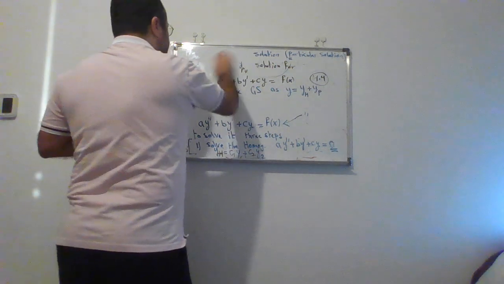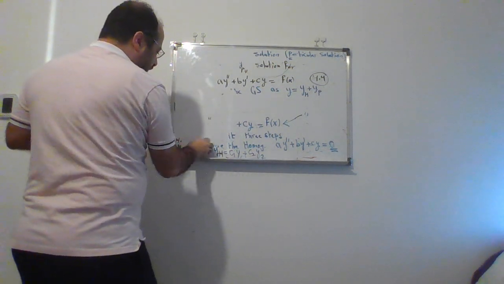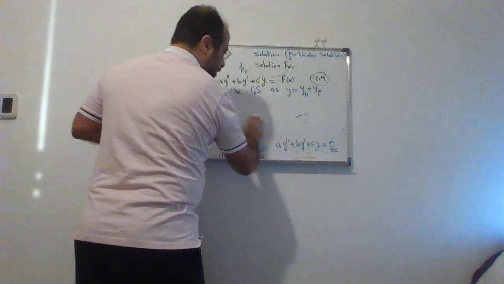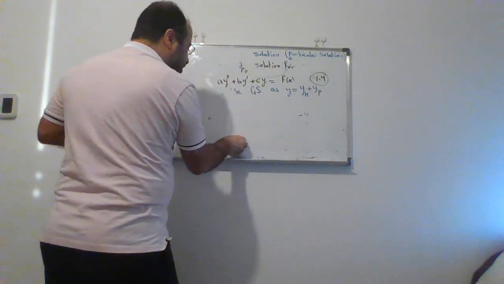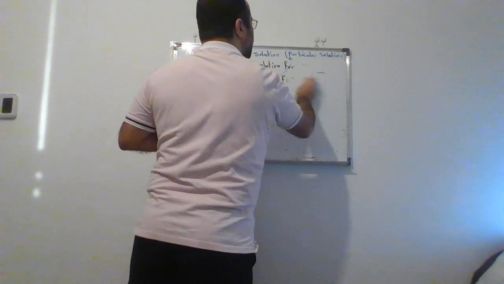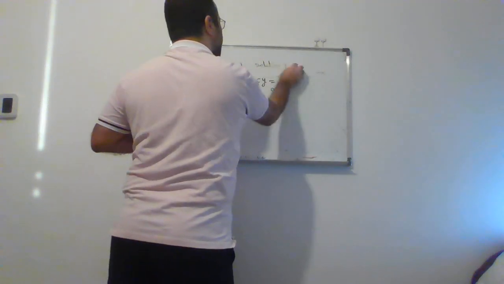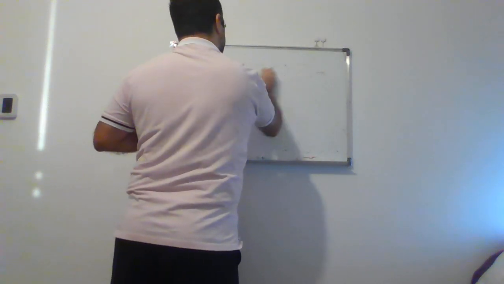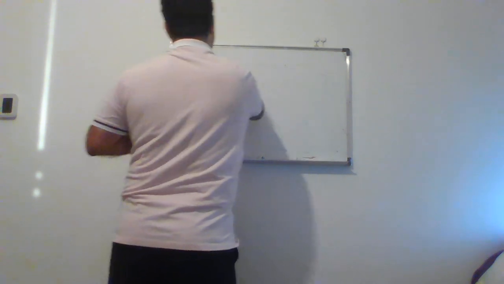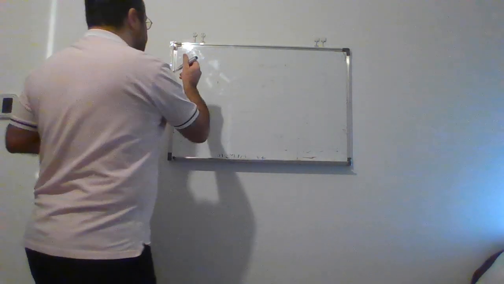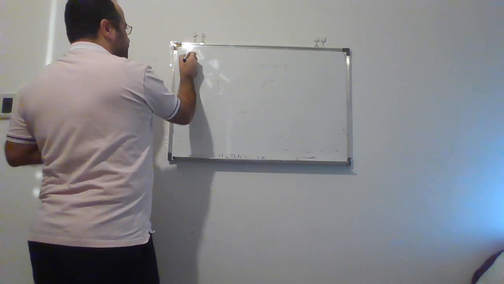Now, in this section, I will discuss the case when you have the right-hand side, or the function f of x, a nice function. So this section is discussing only nice functions f of x.